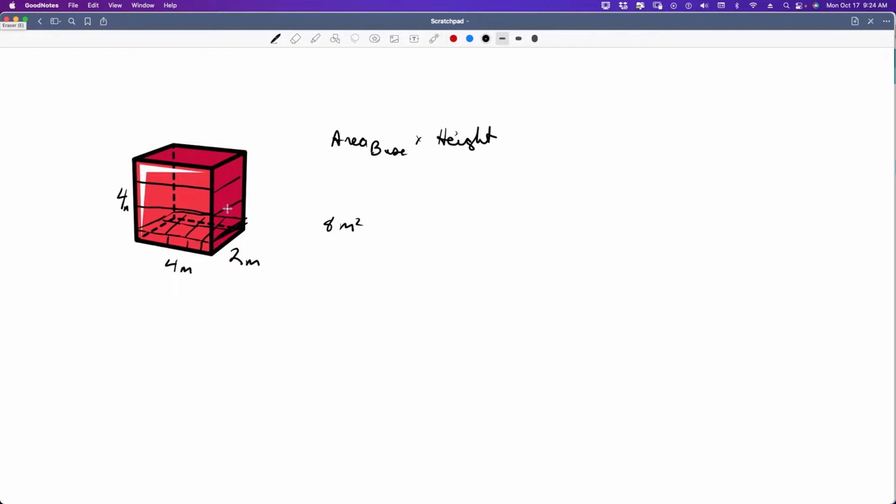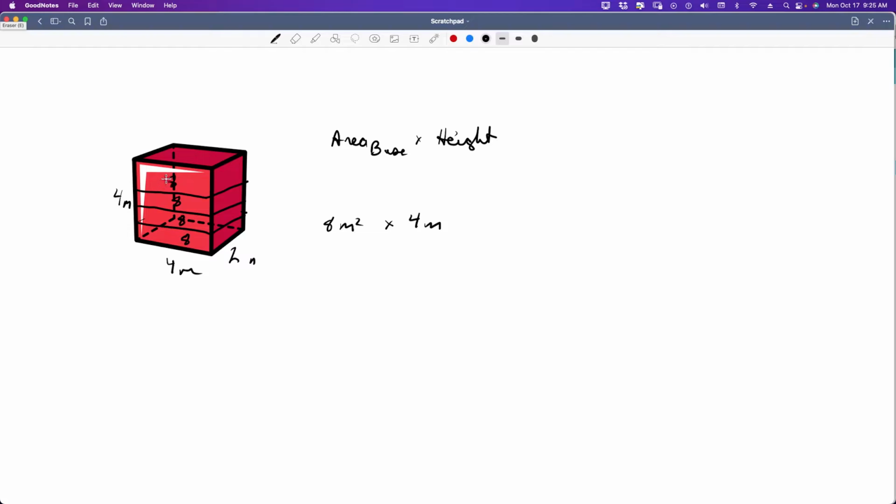If we know we have 4 by 2 here in this section, then in each section after that, we would have 8 here, 8 here, 8 here, and 8 here. 4 of these 8 sections, that's the height, 4 meters.